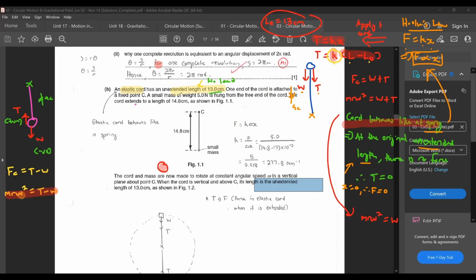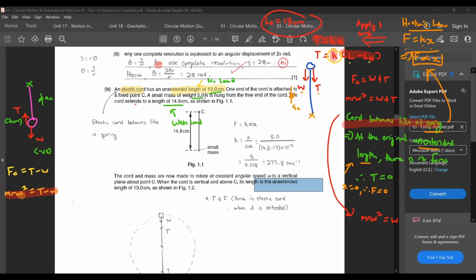But when you have a weight of 5 Newton, your cord extends to a length of 14.8 centimeter. This is with load. Now, if I wanted to find specifically the spring constant from this information, you can just say that T is equal to Kx.